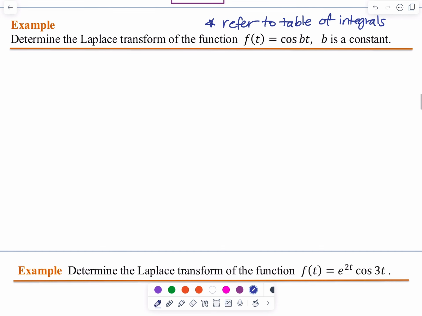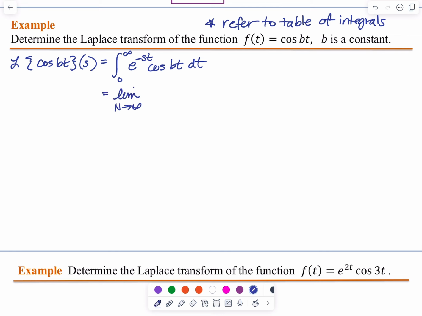Of course, b is a constant, so we will have the Laplace transform of the cosine of bt of s, and that's by definition the integral from 0 to infinity of e to the negative st cosine of bt dt. And now we have that that's equal to the limit due to our improper integral as n approaches infinity of the integral from 0 to n of e to the negative st cosine of bt dt.